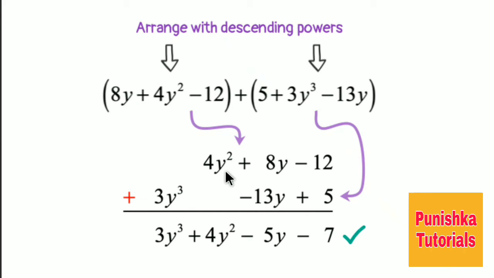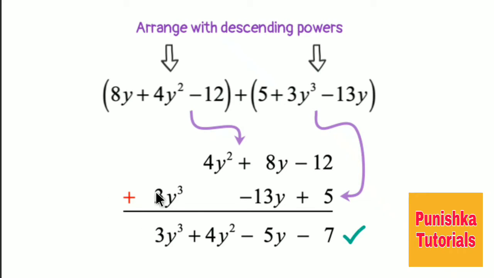Here 4y square is there, but we do not have any y square term in the second polynomial, so we will write 4y square on top, and we will keep the space here as blank, or you can also write it as plus 0. Then 8y, below 8y we will write the y term of the second polynomial, and then the constant term of the first polynomial is there. Below that you will write the constant term of the second polynomial.